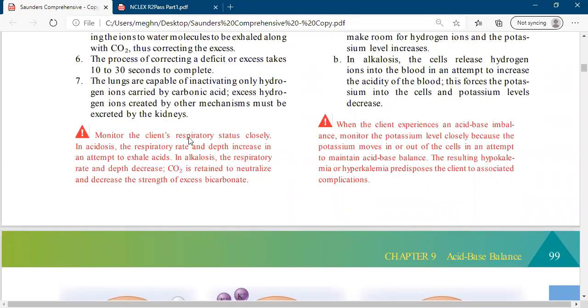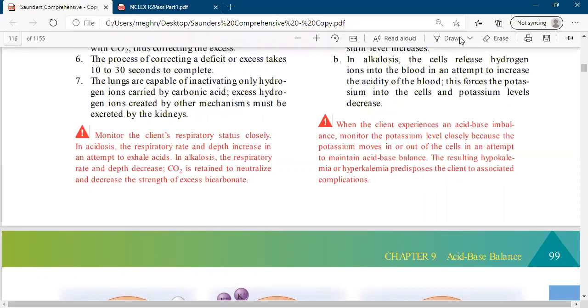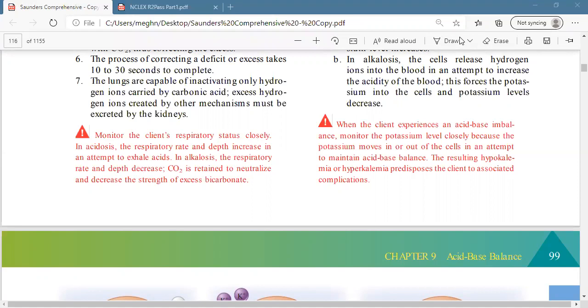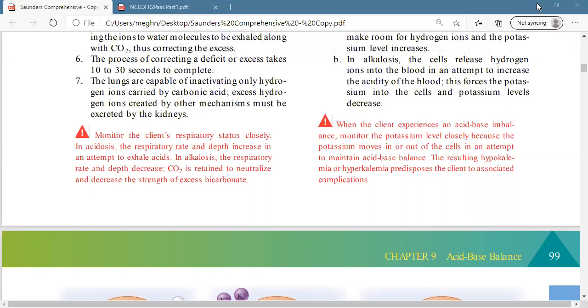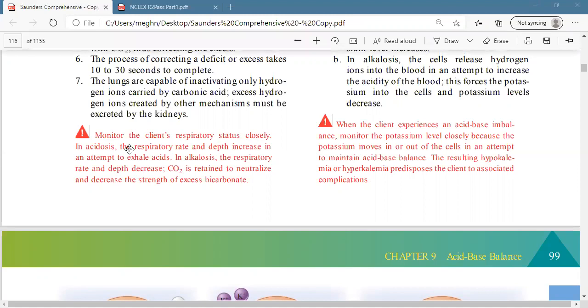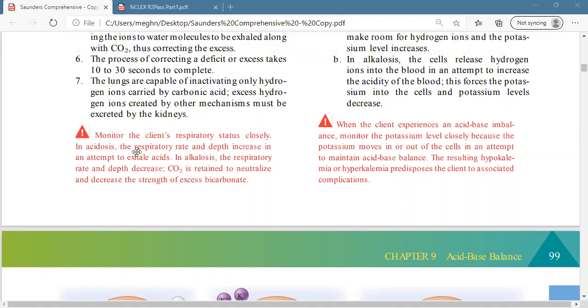In acidosis, the respiratory rate and depth increase in an attempt to exhale acid.